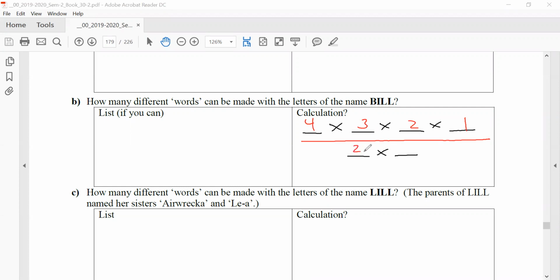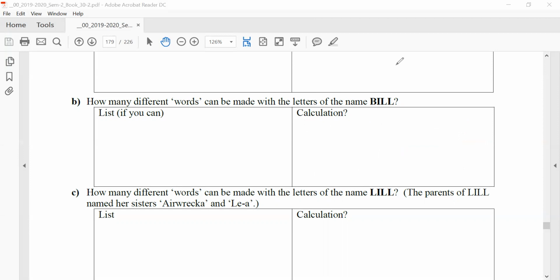There are 2 L's that could go in the first spot, and 1 L that could go in the second spot. So what are we left with? That's 24 over 2, which is 12. This is also 4 factorial over 2 factorial. If I had asked you to list that out, there would have been 12 ways. That's a bit of a pain.